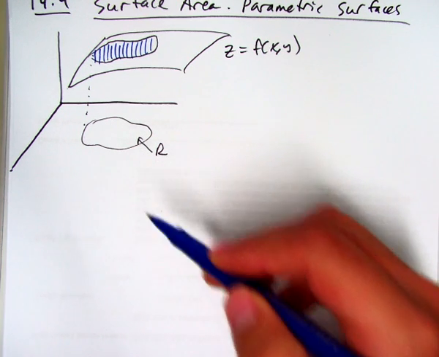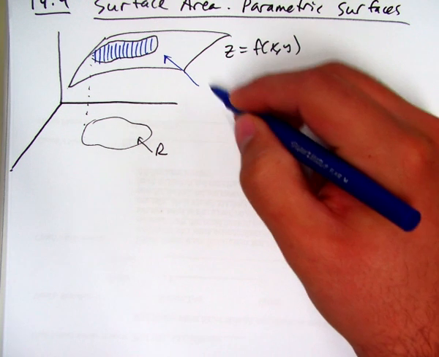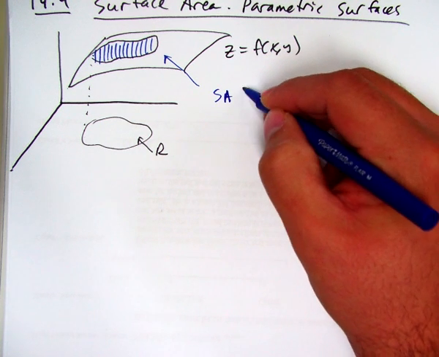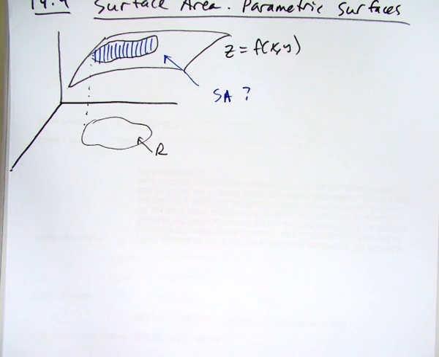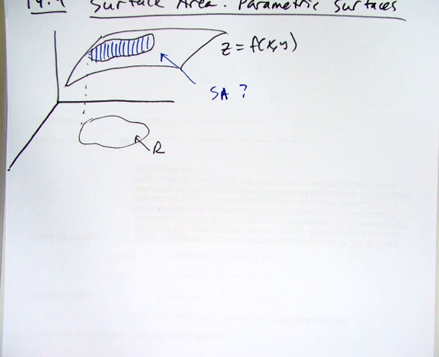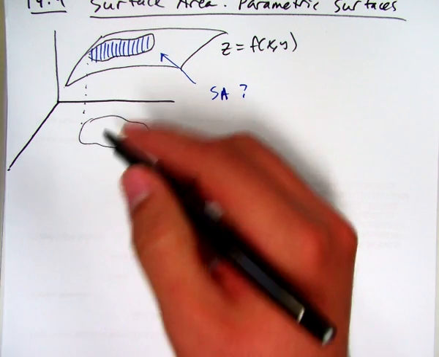Okay? So the question is, what is the surface area in that blue section up there? Okay, and the idea that we're going to use is going to look very similar.